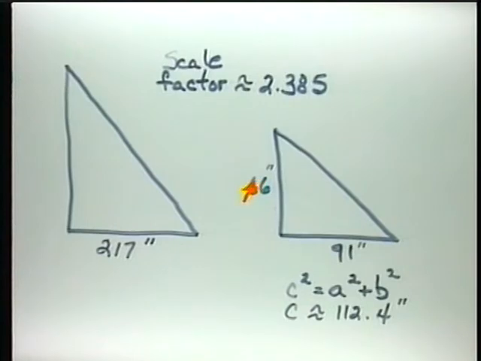If you'll take a look at the triangles we have, this triangle represents the height of the student and the shadow length of the student. In the larger triangle, we have the shadow length of the light pole, but we do not know the height of the flat light pole. To find that out, we'll use scale factors.